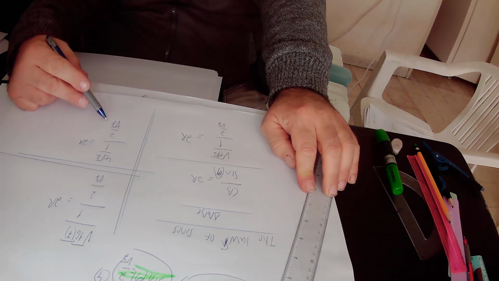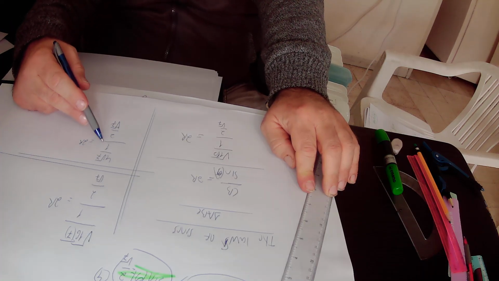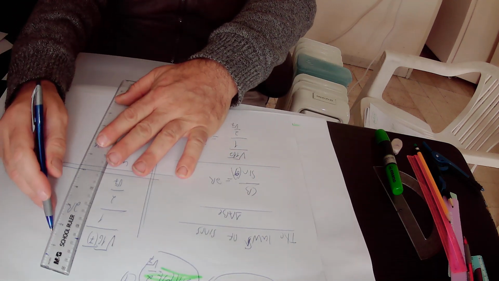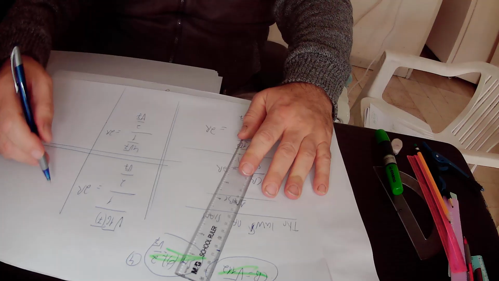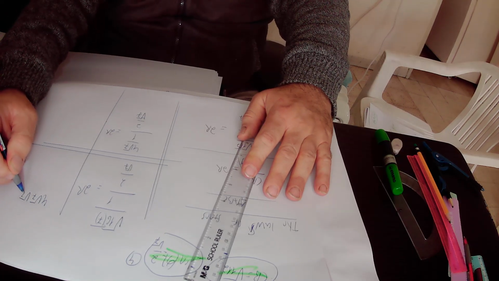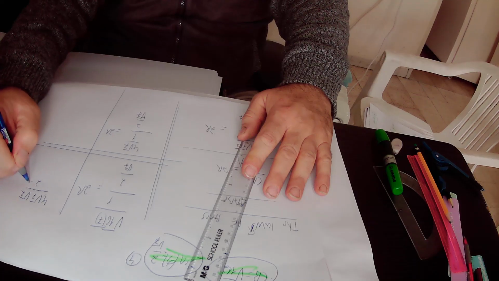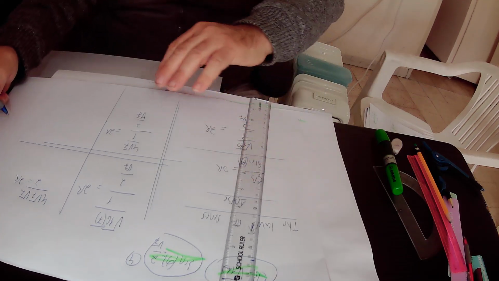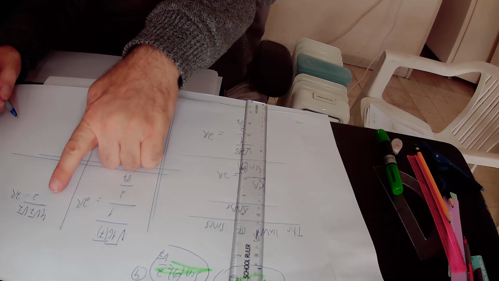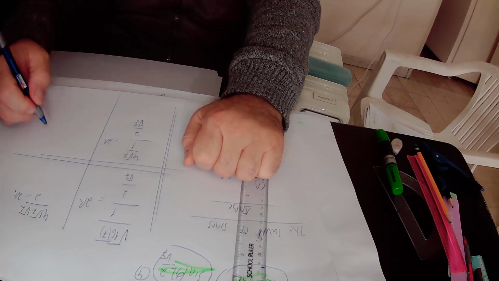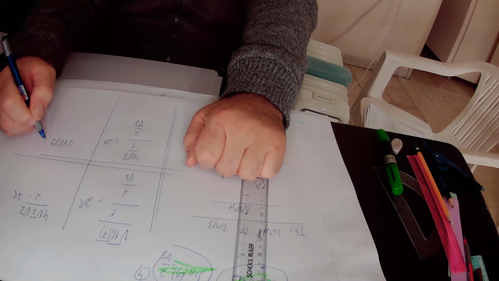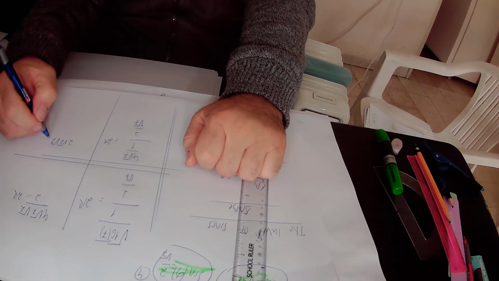Here we will move the square root of 7 to the numerator and 2 to the denominator. And we get that 4 times the square root of 7 times the square root of 7 over 2 equals 2R. 4 over 2 is 2, so in total this expression equals 2 times the square root of 7 times the square root of 7, and it equals 2R.